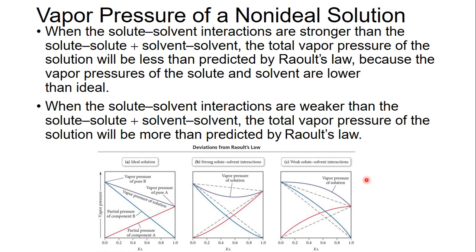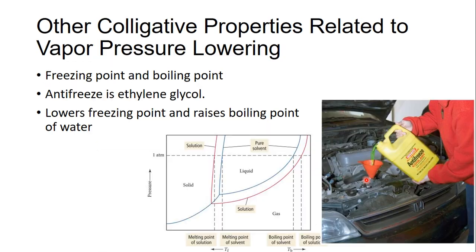So for non-ideal solutions, we can't actually use Raoult's law to get a perfectly exact answer. But for any problems we do in this course, unless told otherwise, we're going to assume the solution is ideal.